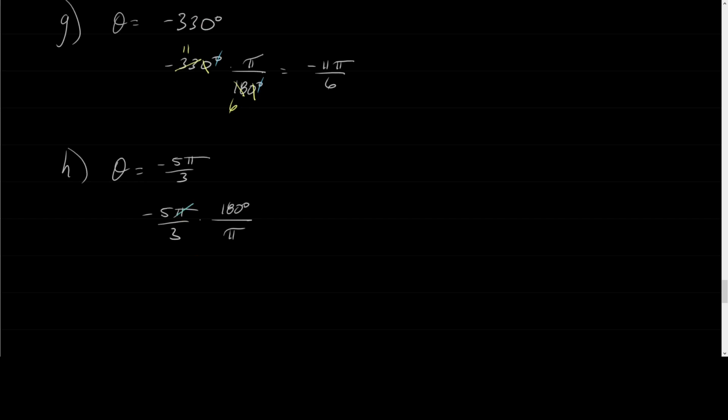So at that point we say, well, pi's cancel each other out. 3 goes into itself once, it goes into 180 60 times. So we have 5 times 6 is 30, but we have a negative, and then with that extra 0 there is negative 300, and the units are degrees. So we found that negative 5 pi over 3 is equal to negative 300 degrees.